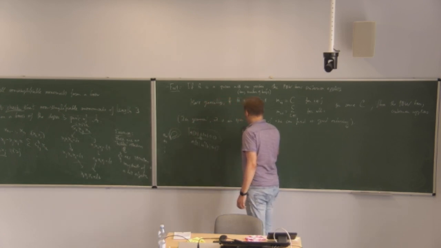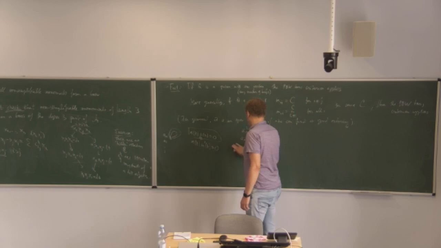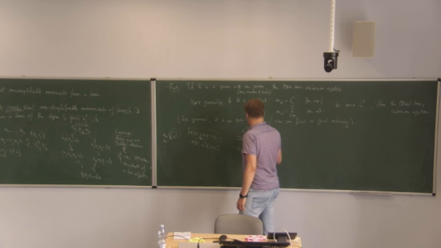So A_0 squared is 0, A_0 A_1 is 0, A_0 A_2, and so on. To be systematic, let me write it like that.